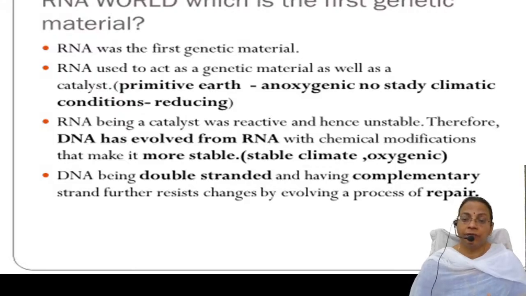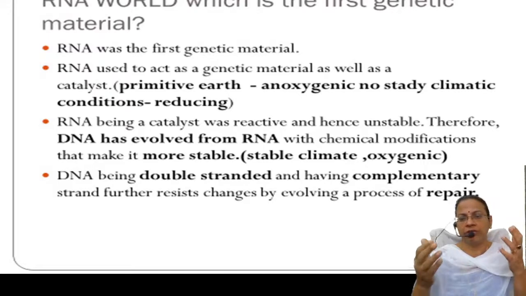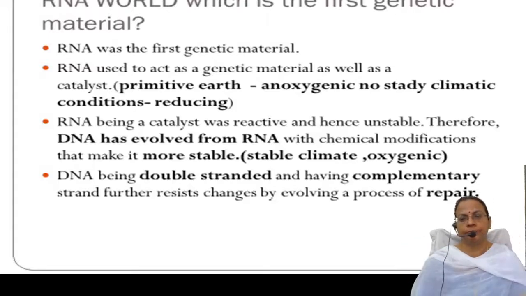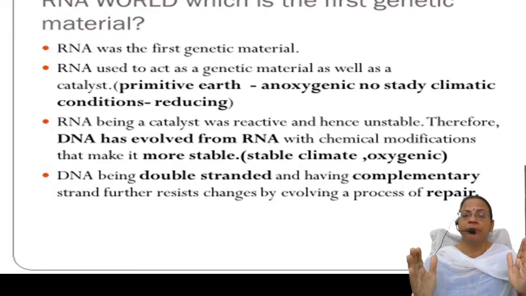In that course of evolution, they always preferred an unstable molecule which had the scope of modifying from one type to another to suit the climatic changes. So at that time the organisms preferred an unstable genetic material, and the preferable material was RNA.